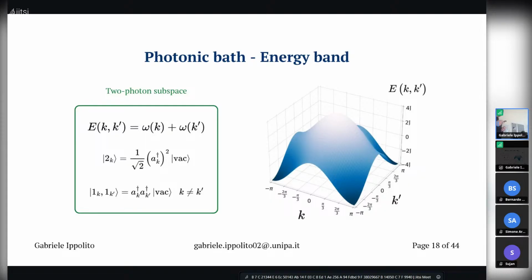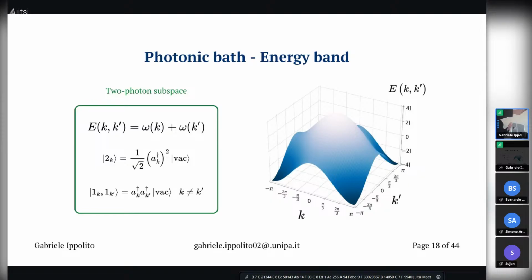And here I show you, and this is very important, the structure of the two-photon band. Simply, this is the two-photon band as a function of k and k prime running over the first Brillouin zone. And this structure is very important because some of its geometrical properties are linked to the emission dynamics that I'm going to explain to you.